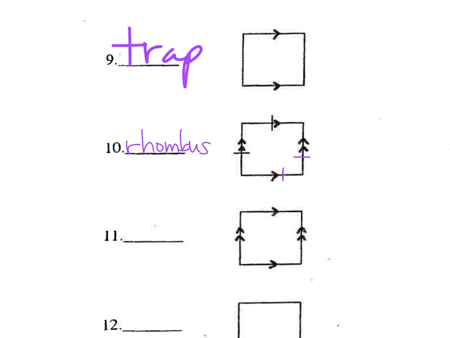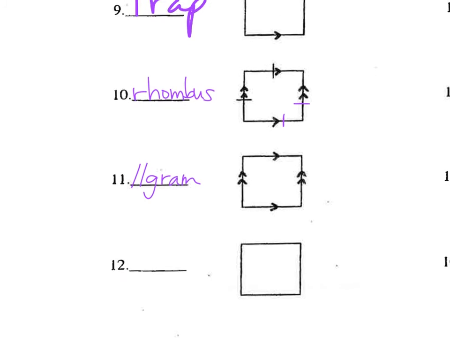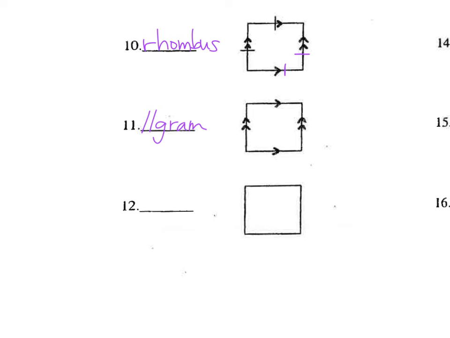Okay, how about 11? Do you know anything about lengths of sides? Anything about angles? No, but we know sides are parallel, so it's a parallelogram. Okay. Number 12? It's a quadrilateral. We don't know anything about it.